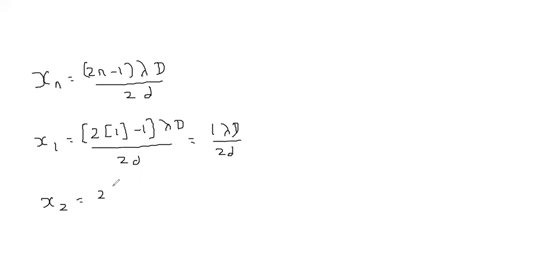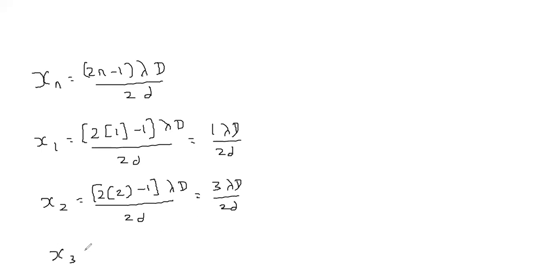What is x2? 2 into 2 minus 1, that is 3 lambda capital D by 2 into small d. What is x3? 2 into 3 minus 1, that is 5 lambda capital D by 2 into small d, and so on.